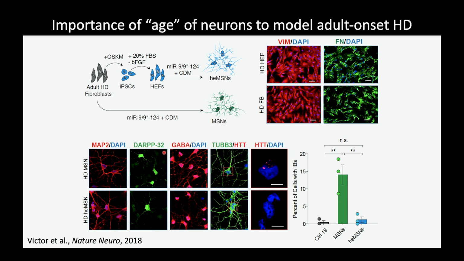This is one example where we looked at the formation of inclusion bodies. So the maintenance of age is one of the critical aspects of enforcing the disease-associated phenotypes seen in patient-derived neurons.